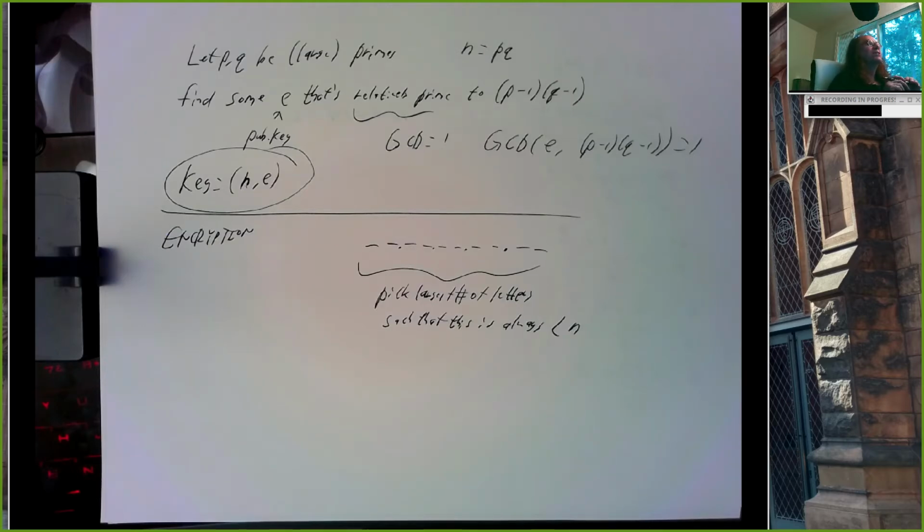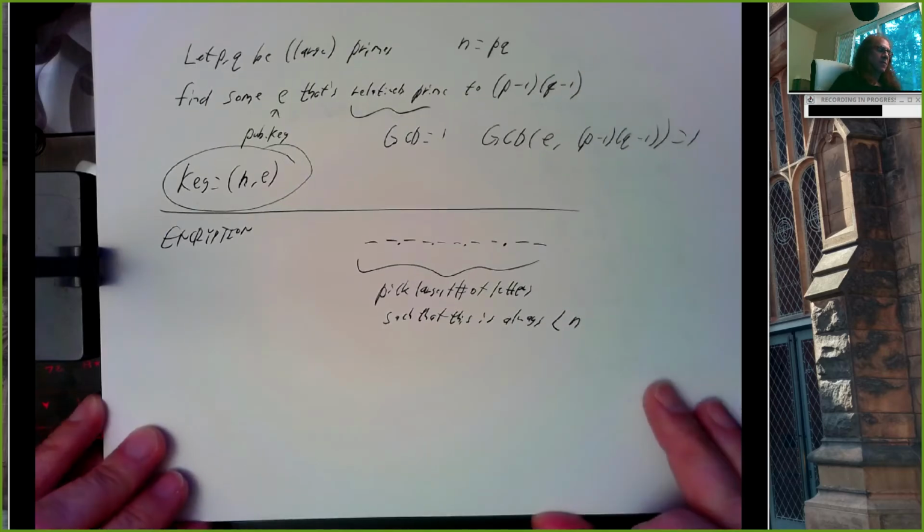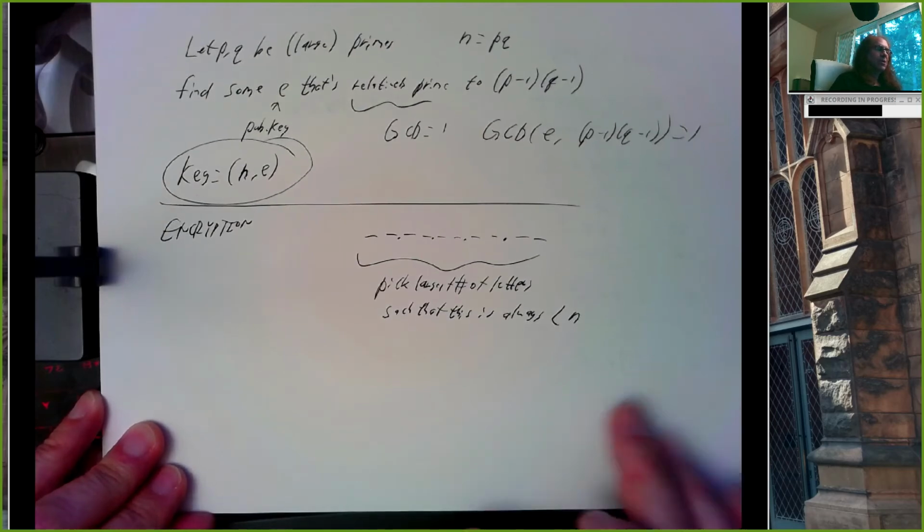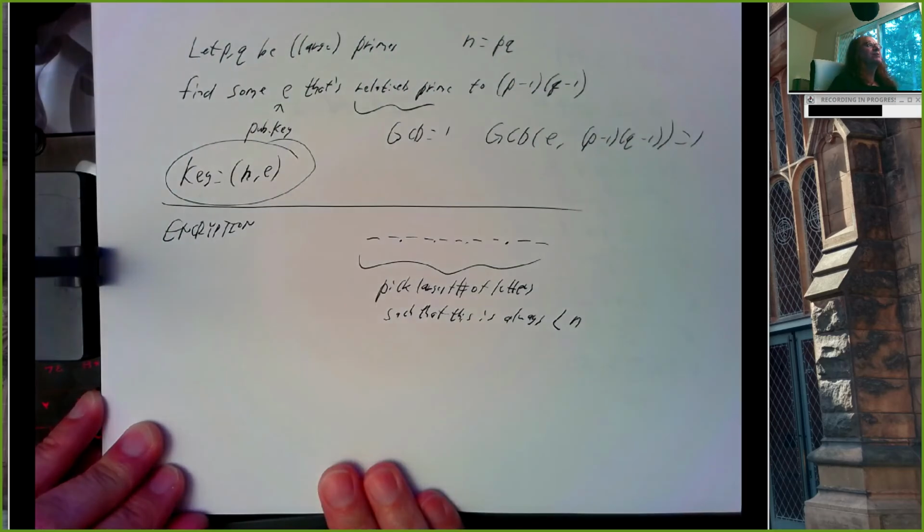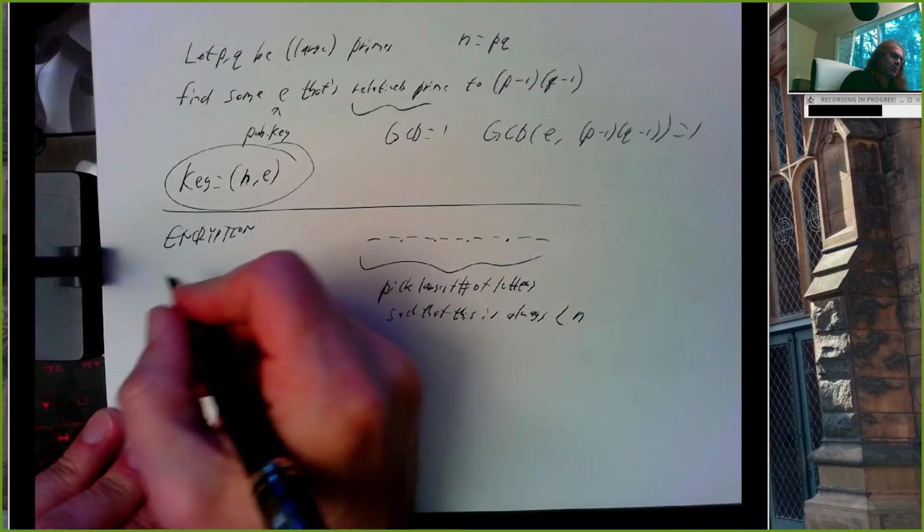All right, and so since we know what the primes p and q are that gave us n, we can do the following.